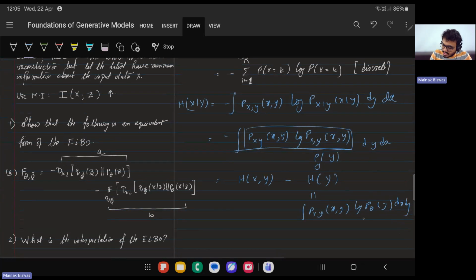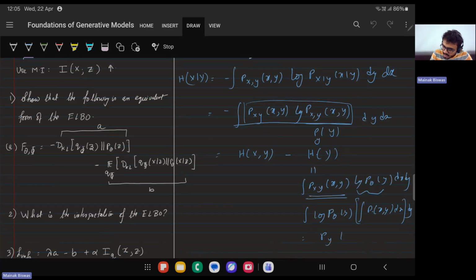This internal logarithm does not have x, so I can marginalize x out and write this as log P of y times the integral of P of x, y dx, dy. So this will be P of y log P of y, which is nothing but my negative entropy of y.